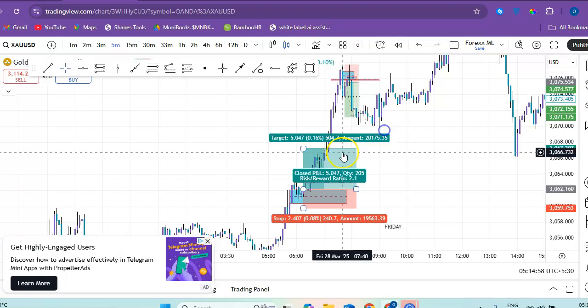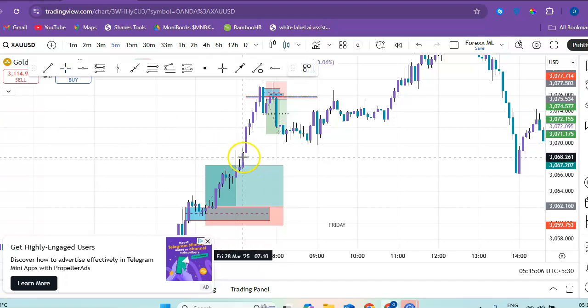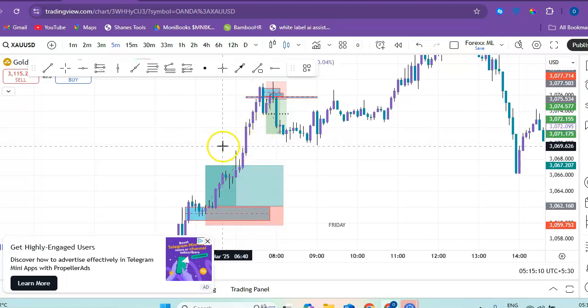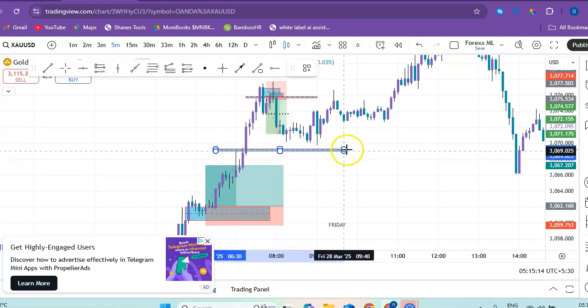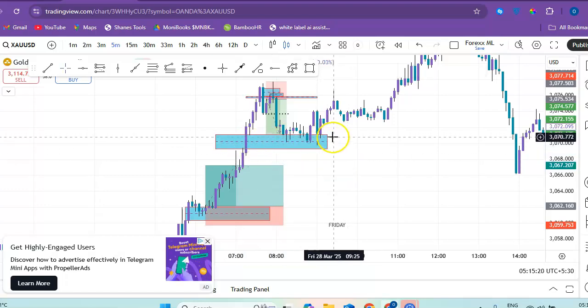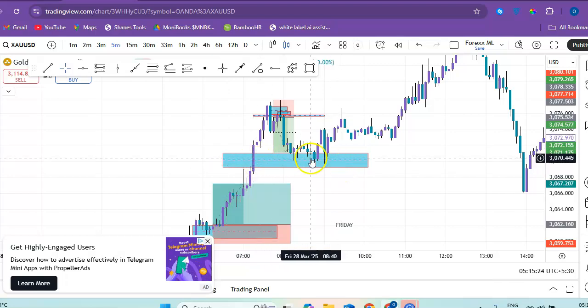There's one more bullish example. If I continue to trade, let's say I have taken the profit here, but I saw that there's one more fair value gap here. This is the first candle, second candle, third candle. We mark the tip of the wick of the first candle and drag it up to the third candle's tip of the wick. You can see this is the fair value gap.